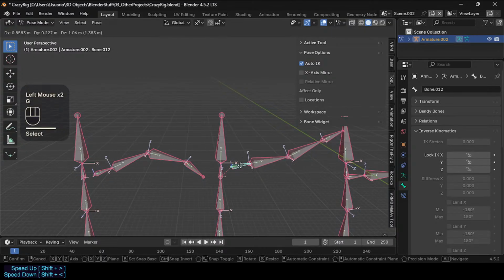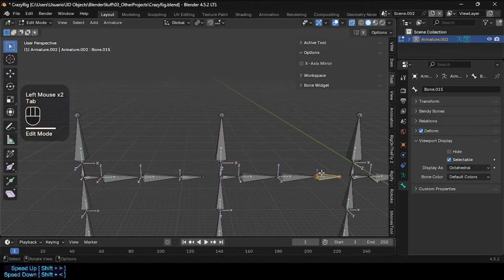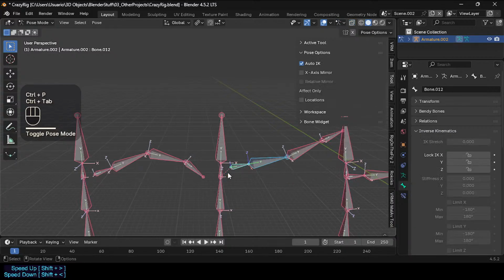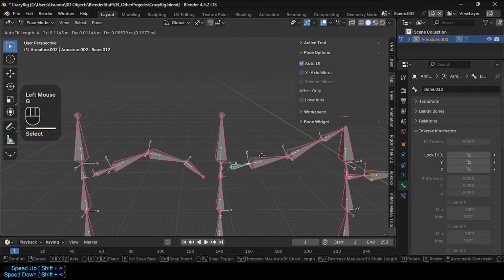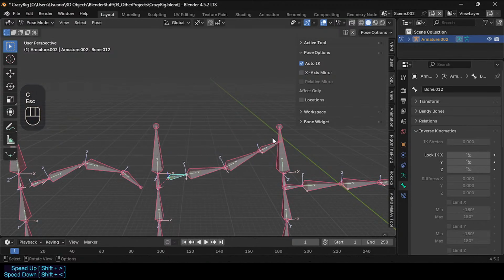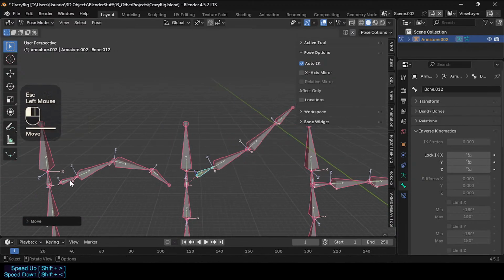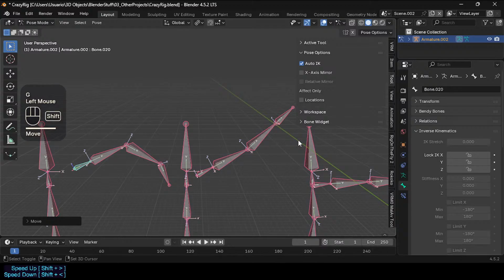Currently we don't have this behavior, so let me remake this setup here. Connected, right? You see I can grab here, but this one is sort of locked in place, so this is not good. I would like to be doing this, right?